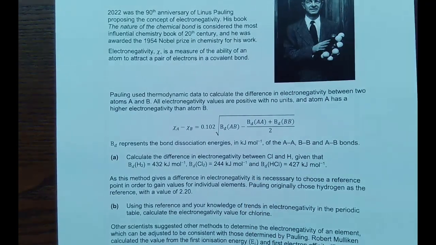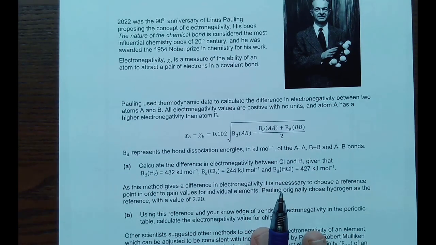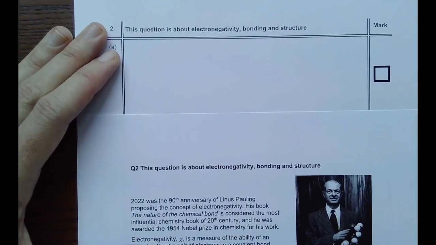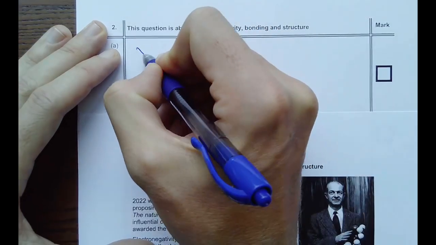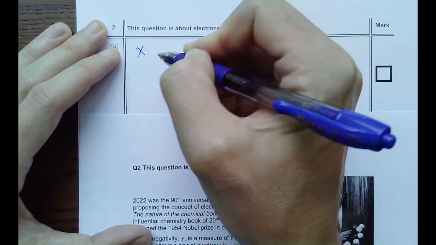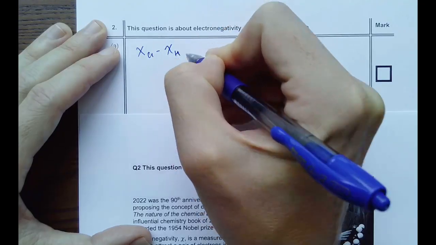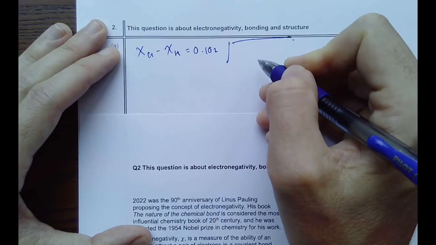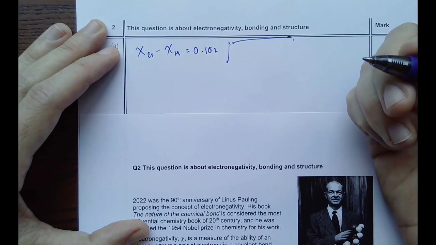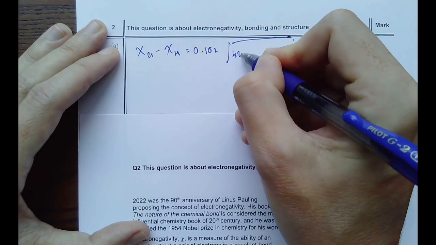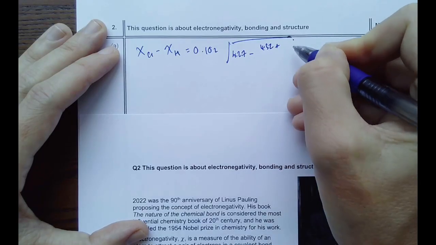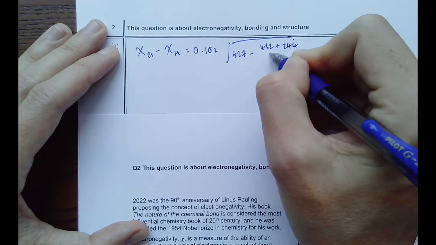So this, for a very simple 1 mark, is basically just plugging numbers in. So I'm going to go ahead and plug those numbers in up here. So I've got chi Cl minus chi H is equal to 0.102, and then I've got the square root of the bond dissociation energy of HCl, which I'm given as 427, minus hydrogen 432, plus chlorine 244, so the average of the two.